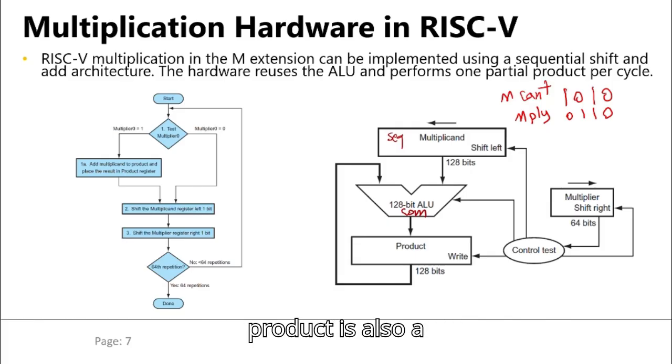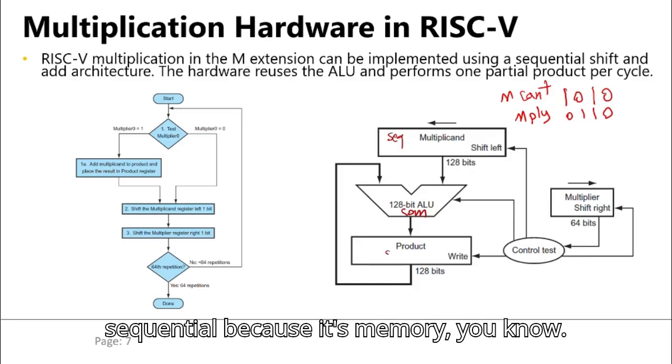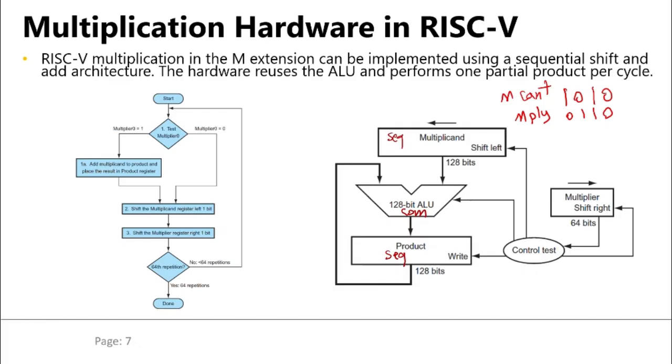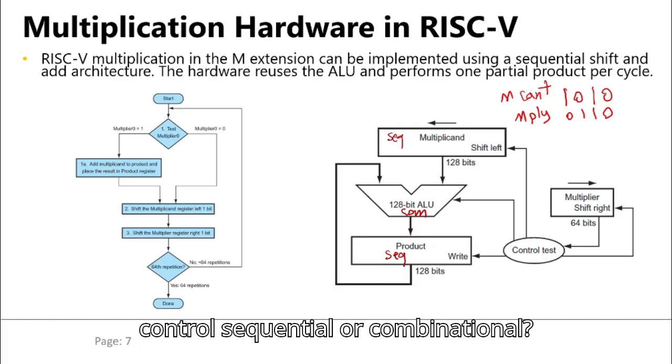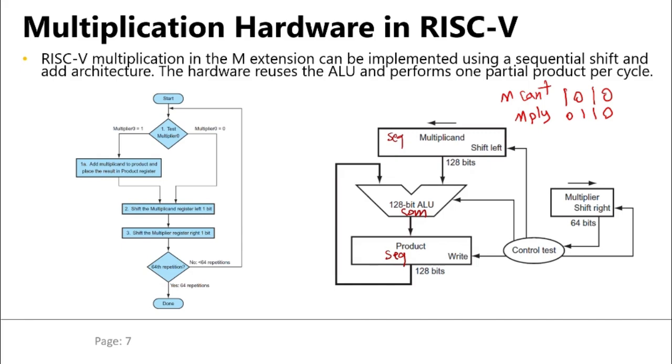What is this? This product is also a register. So a register is also sequential because it's memory. Control, is control sequential or combinational? Control is like a decoder, so it's combinational.